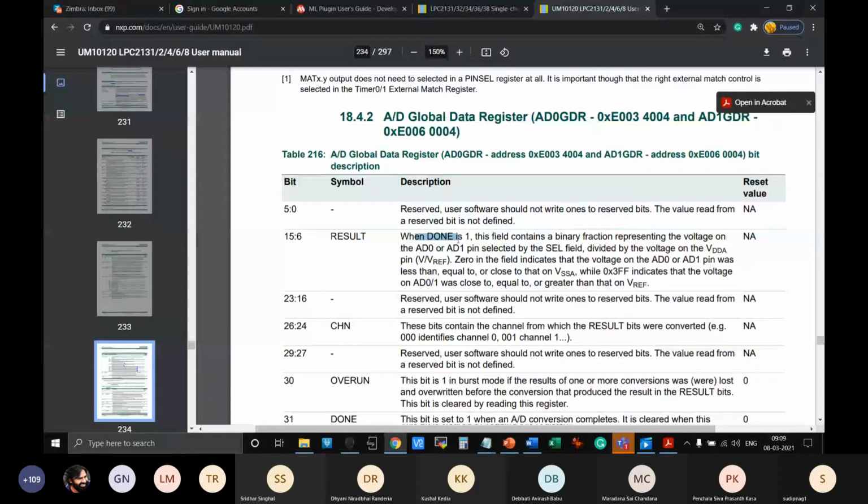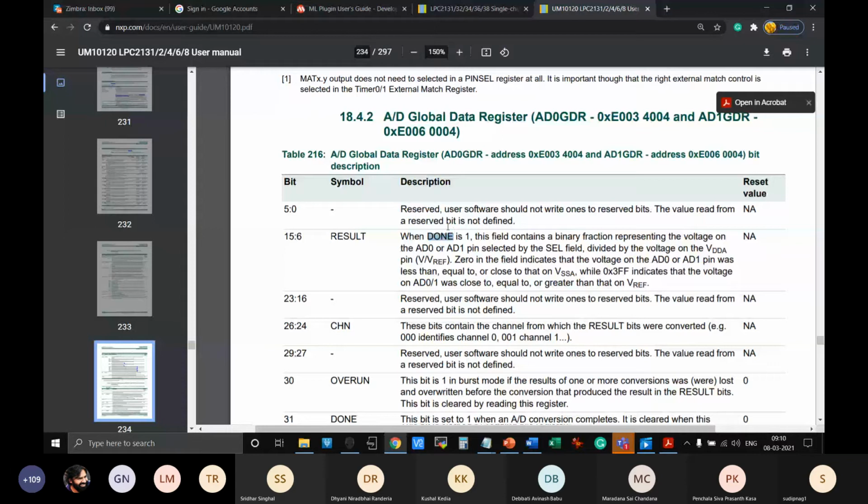Once you start the ADC, it will end its conversion after a certain delay, and after that delay the end of conversion signal comes out. In the older days, when microcontrollers did not have an internal ADC, separate integrated chips were used for ADC. In that case, this done signal was called end of conversion, and was available as a separate pin.